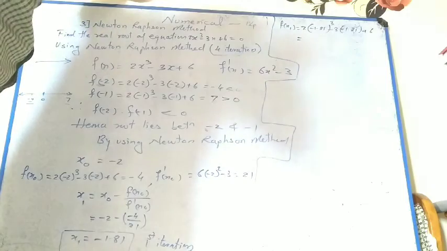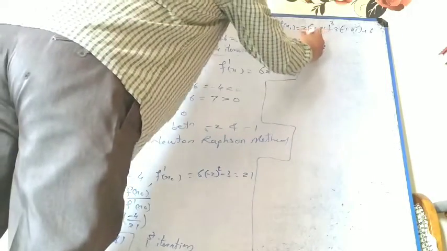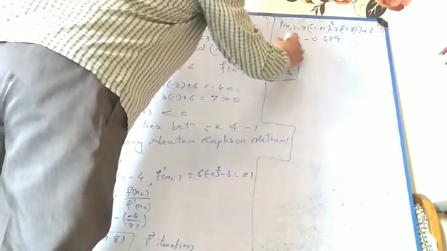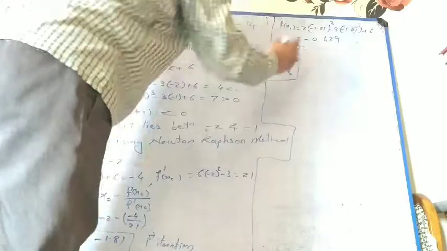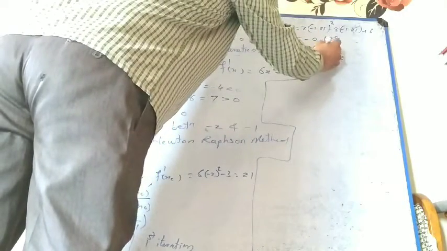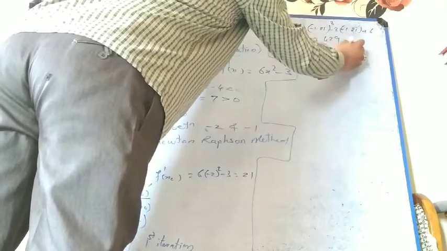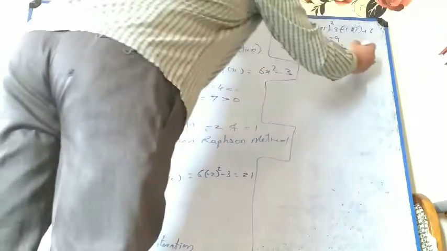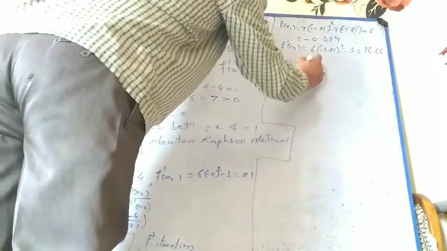When you solve this, you will get the answer as -0.429 something. Similarly, you find f dash x1. Substitute here: 6 times (-1.81) squared minus 3, and you will get this value as 16.66.